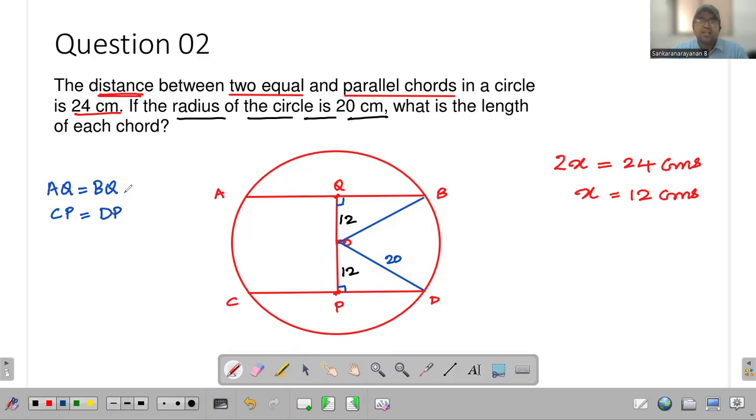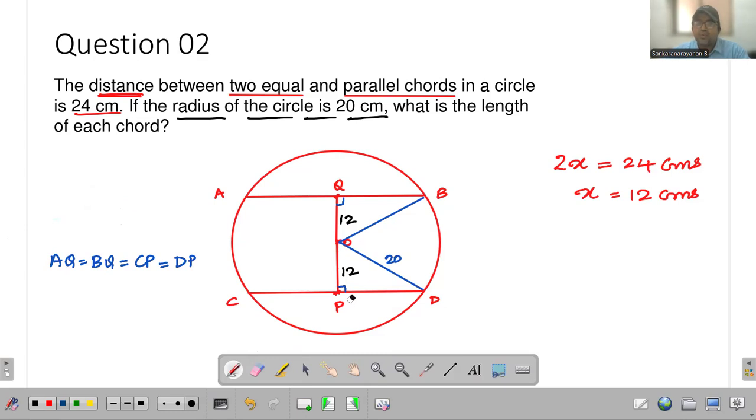They will all be equal in length: AQ equals BQ, equals CP, equals DP. Because we are considering the same circle, two equal chords are equidistant from the center, so AQ, QB, CP, PD will all be equal in measurement.